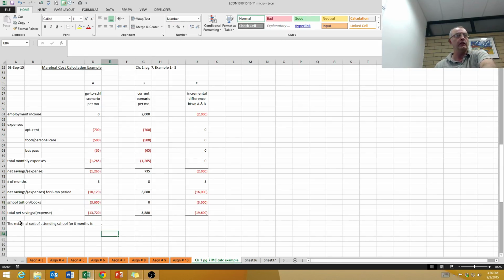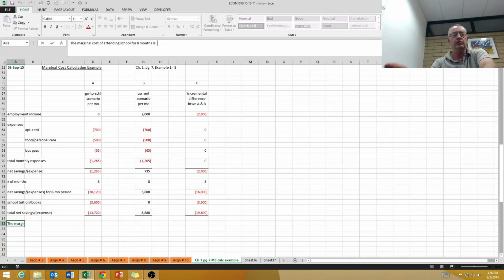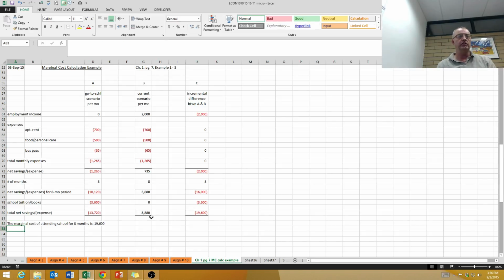So the net cost to her of going to school is $19,600. That's quite a bit higher than her calculation of only $13,720, but she's forgetting to factor in her lost employment income.